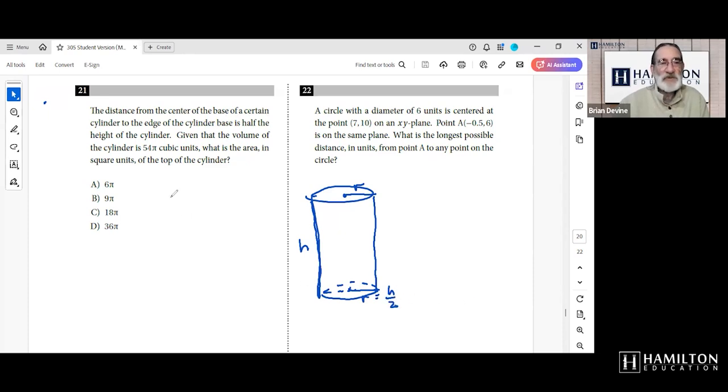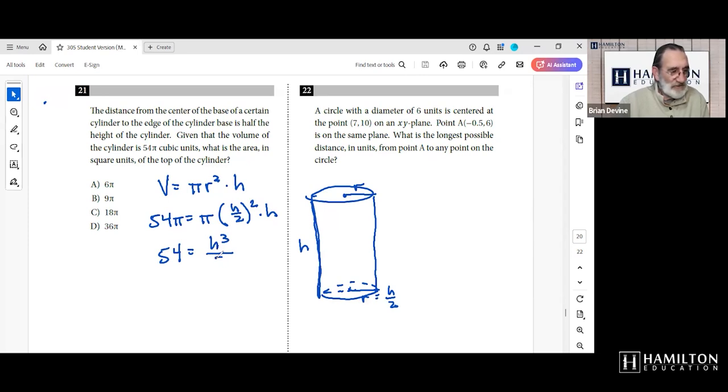And they gave us the volume. Well, I know that volume of a cylinder is the base area, pi r squared, times the height. And so 54 pi must equal pi times h over 2 squared times h. Or 54 must equal h cubed over 3. Or 216 must equal h cubed.